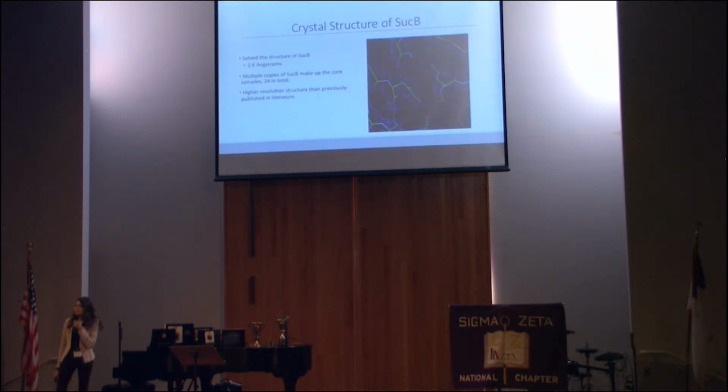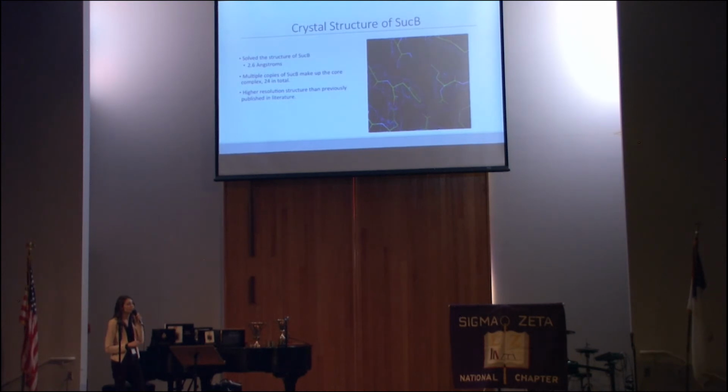Is the structure that you have found different than previous literature? What was the resolution of the previously published version? Right, I understand. I don't know the exact resolution, but when we're talking about resolution of crystal structures, we're talking about angstroms. And so that's basically showing the clarity of amino acids.